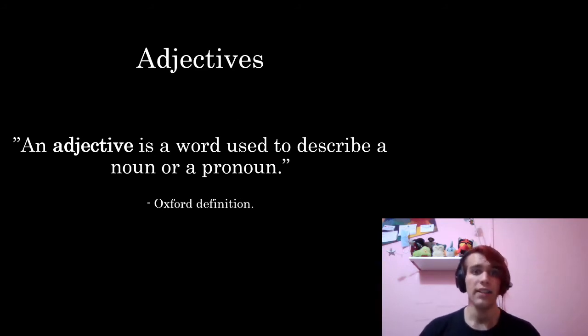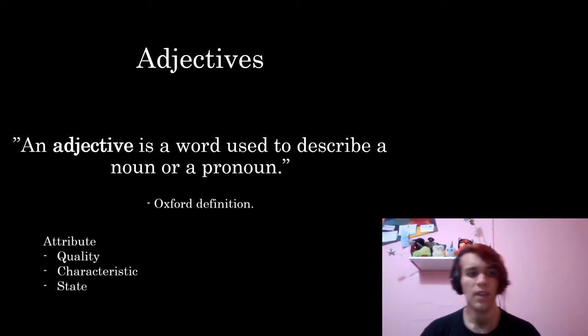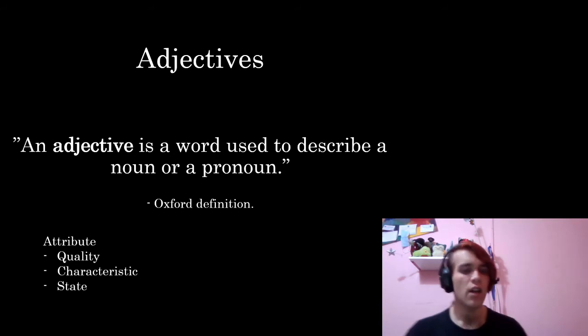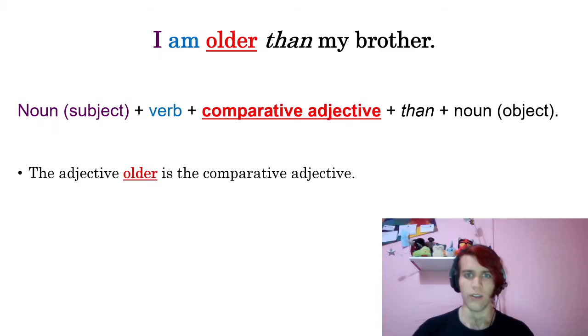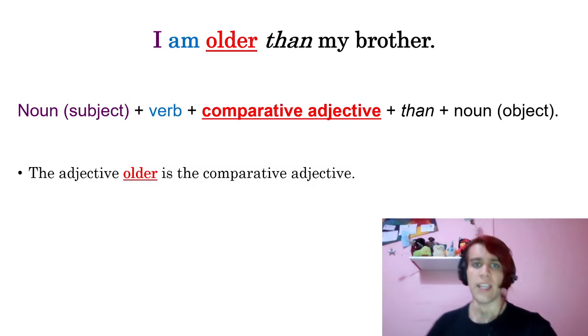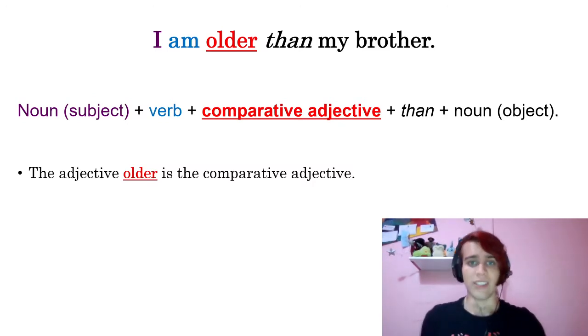And now let's see what an adjective is. An adjective is a word used to describe a noun or a pronoun. It can be used to give attributions of quality, characteristics, or states to a noun or a pronoun. The first example that we have is I am older than my brother.